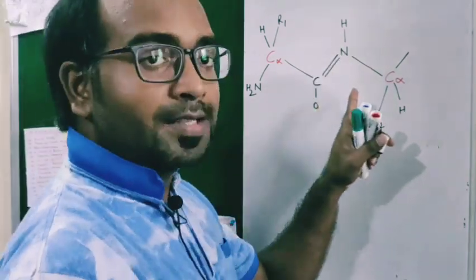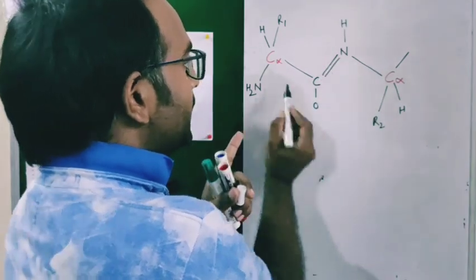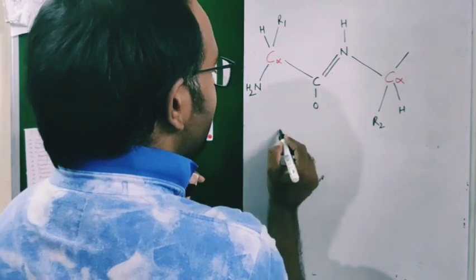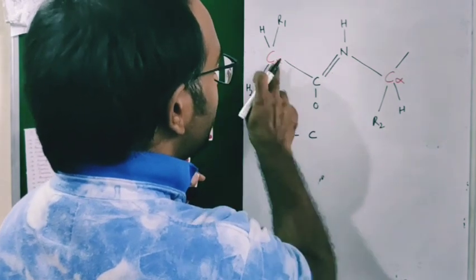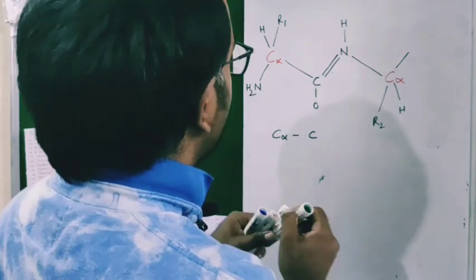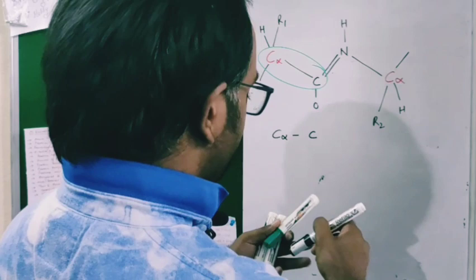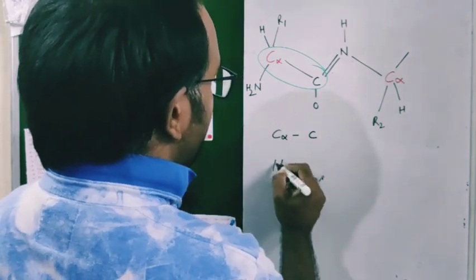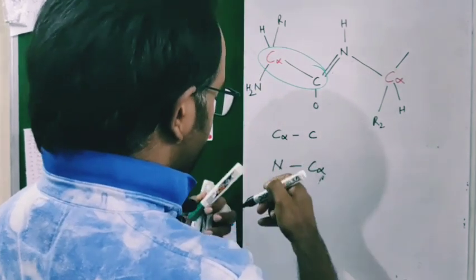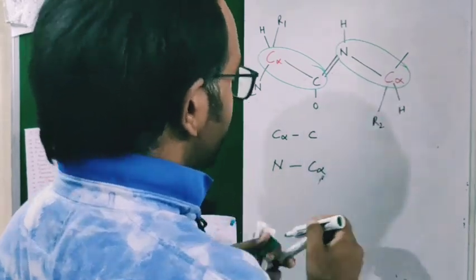So in contrast to the peptide bond, that is this bond, the C alpha C bond, this one, and N C alpha, that is this one.